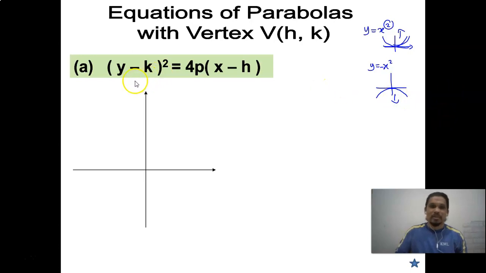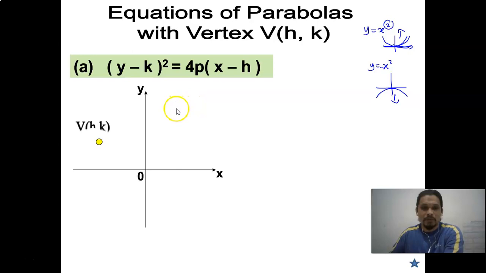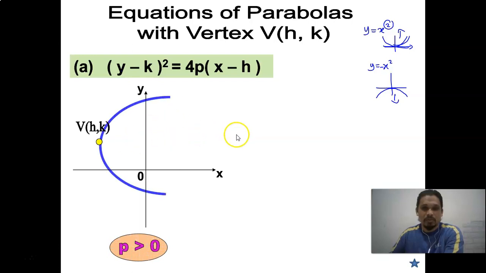Okay, so this time now is for y squared. For the equation of (y minus k) in brackets squared, this one will give you a parabola that is either facing open to the right or open to the left.